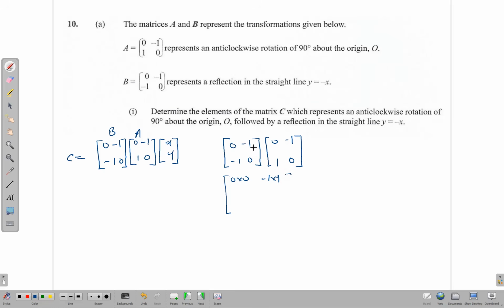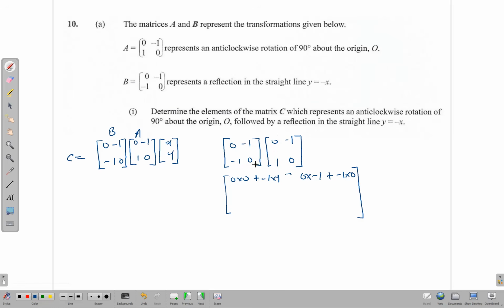So 0 times 0, -1 times 1, that's fine there. Then 0 times -1, and -1 times 0. That completes it for the first row. Row by column, then row by column.